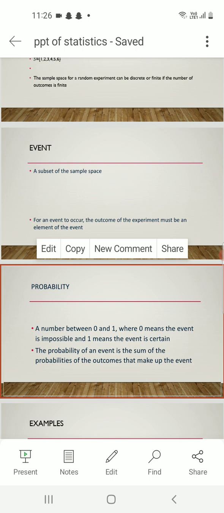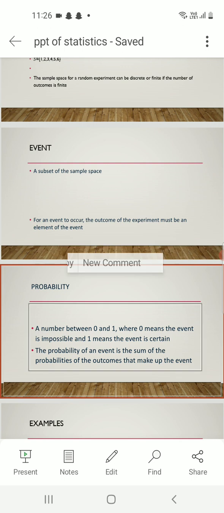Means what? If we have the example of tossing a die, then the results are S equal to 1, 2, 3, 4, 5, 6. These are the set of all the outcomes.